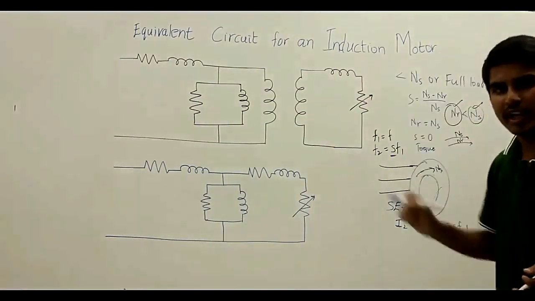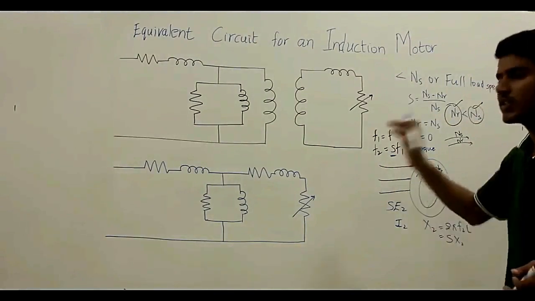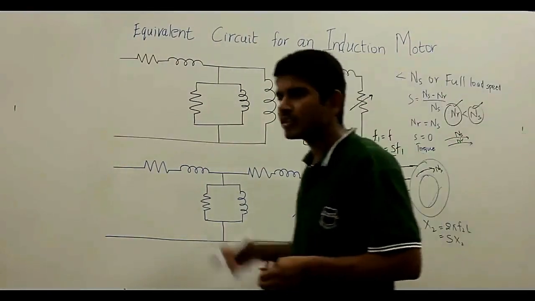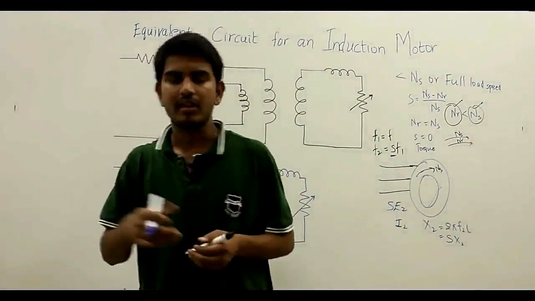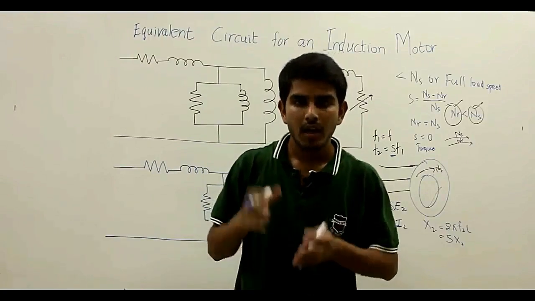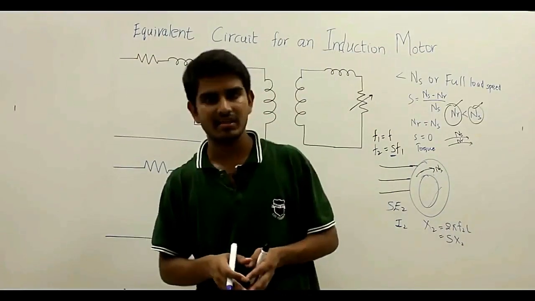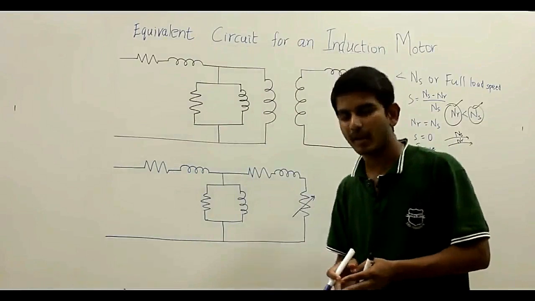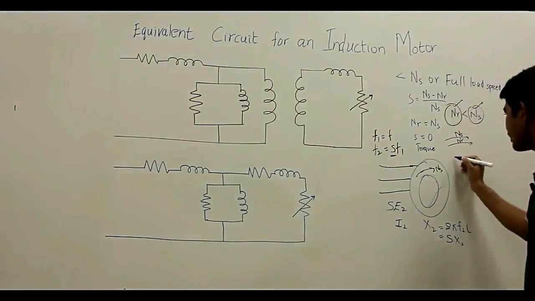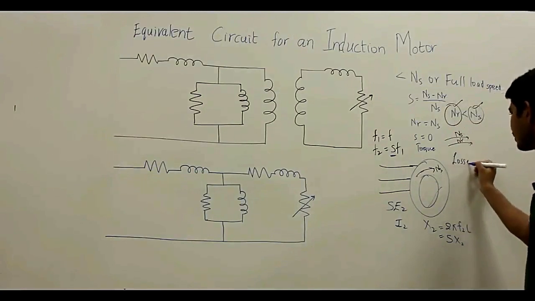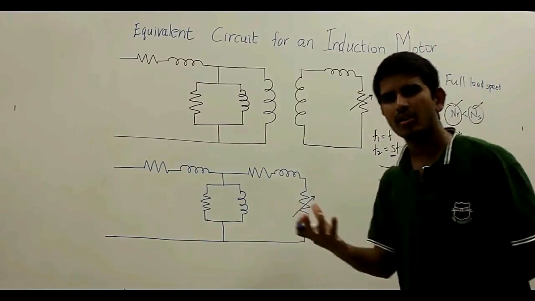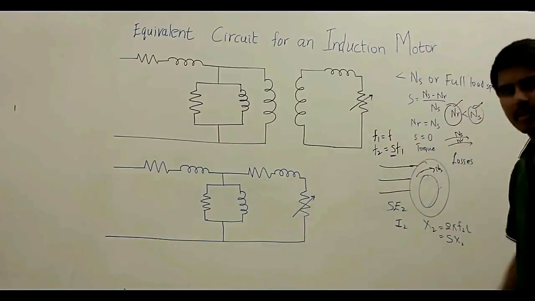Basically there are two types of equivalent circuit in the case of a three-phase induction motor. If anyone asks you what is the purpose of an equivalent circuit, the equivalent circuit for any machine evaluates the performance characteristics as well as shows various parameters, like losses, which include the ohmic losses, the core losses, the friction and windage losses, rotor losses, whatever losses occur in the machine.